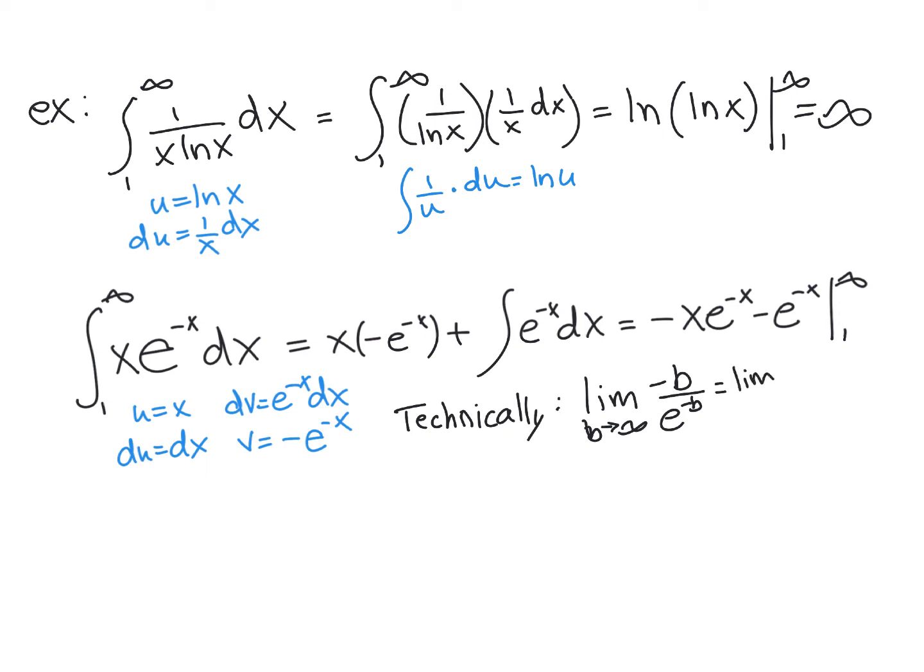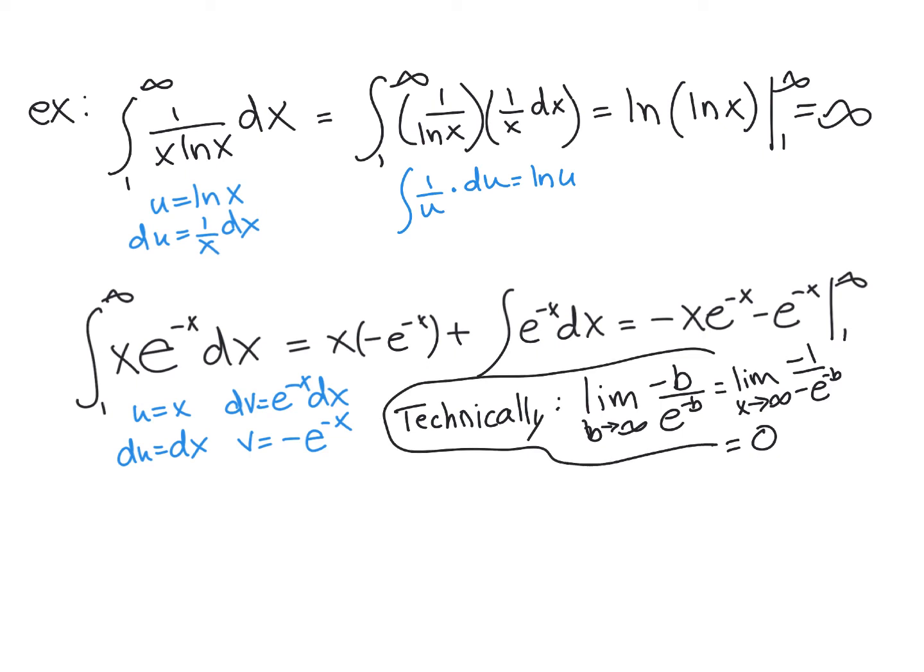So we're going to take the limit of the derivative like that, and we're going to end up with this little piece being minus 1 over infinity, which is 0. So you'll see in your book that they always use a dummy, T or A or B, something like that.